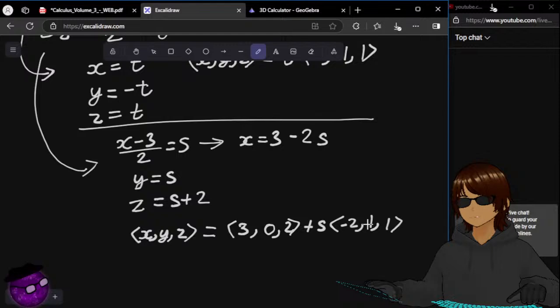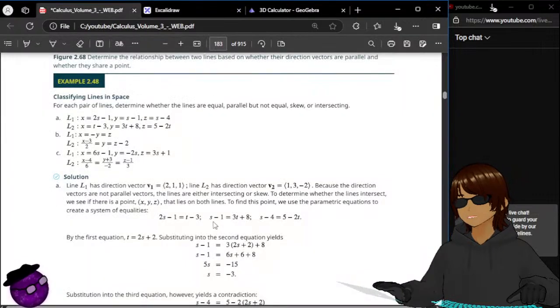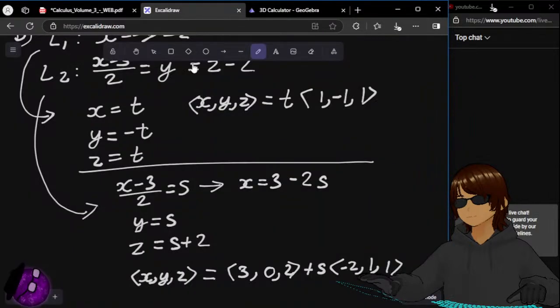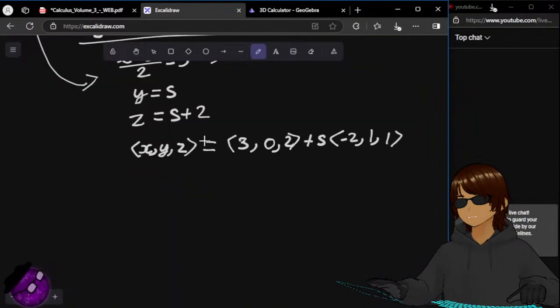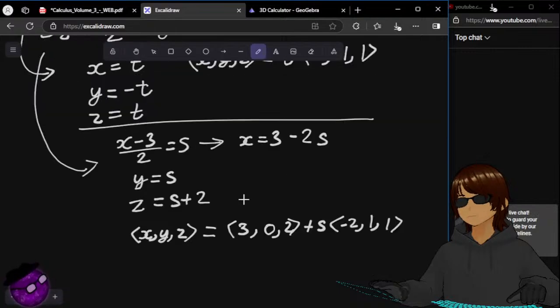So the directional vectors are not parallel, or maybe they are. Wait. Okay, no, they aren't. Okay, but do they intersect at a common point?